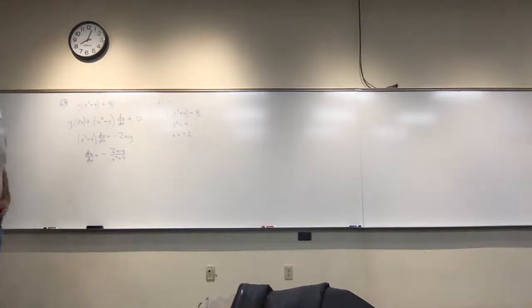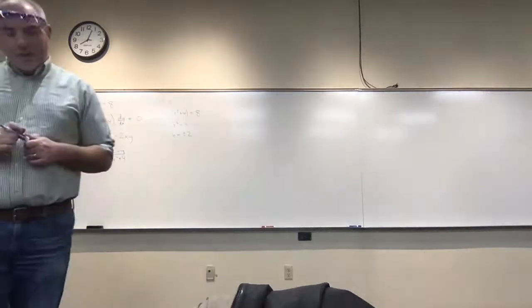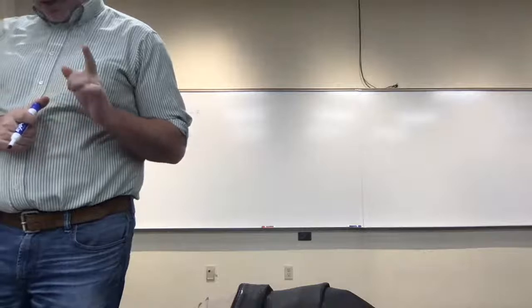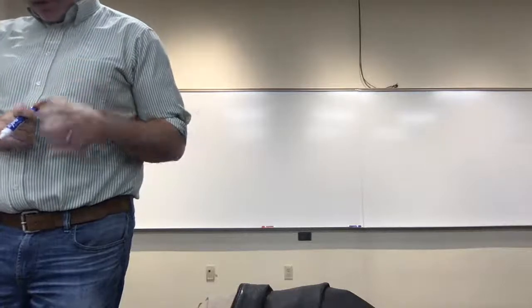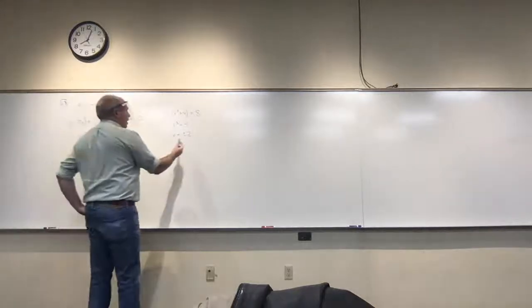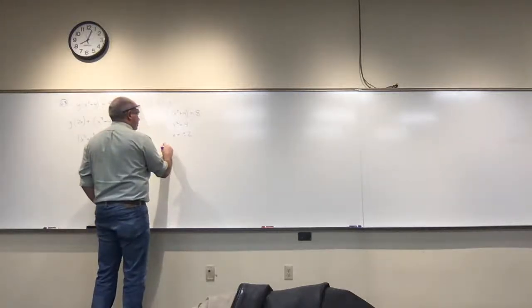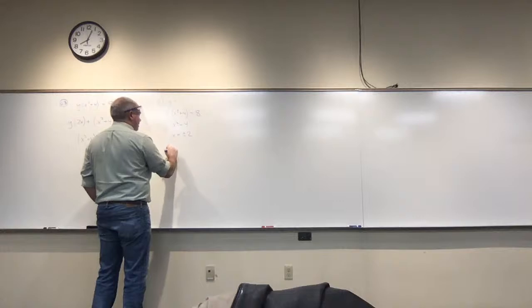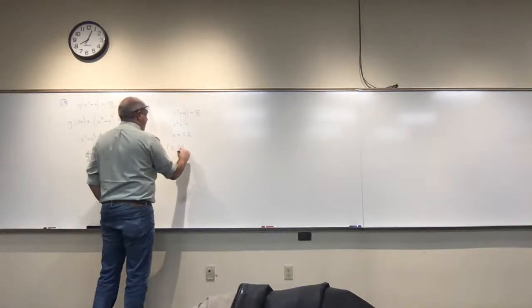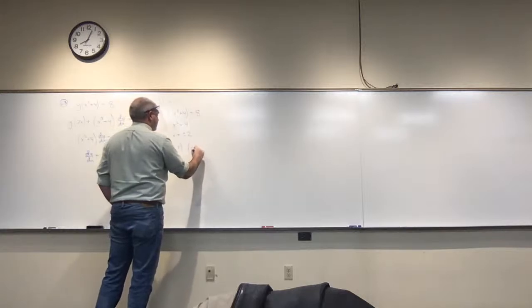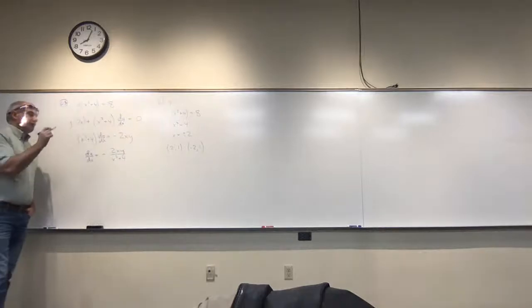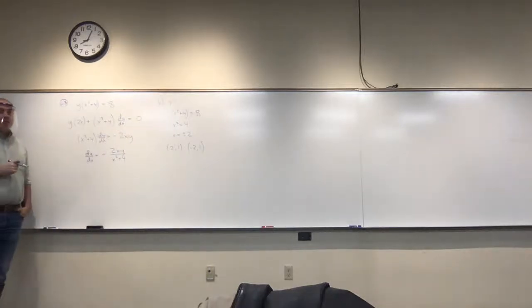Okay, and they're saying, could you please figure out all the lines tangent to the curve, find the equations for them when y is 1. Okay, so if y is 1, then I get x is plus or minus 2. So there's 2 points that are interesting to me: 2, 1, and negative 2, 1. So I want to find a tangent line for both of those points.